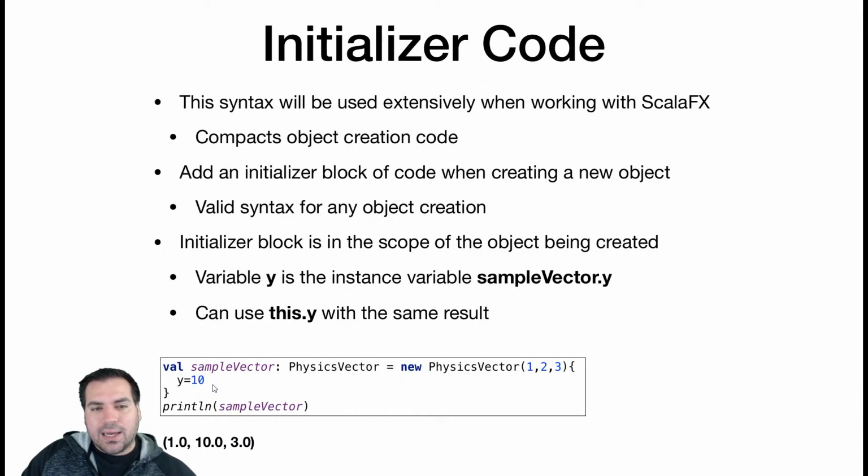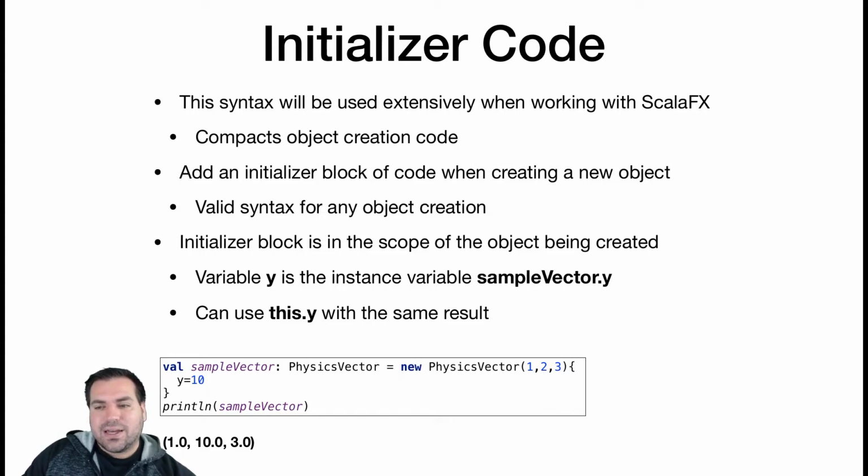And I can run any kind of initialization code that I need. So for example, in this valid syntax, if I create a new physics vector with 1, 2, 3, y being 2, and then I give it an initializer block and I say, never mind, y equals 10, when I get this vector here, I'm going to get 1, 10, 3. So it's any code that's executed. I can add any code to the creation of this object, so I can initialize whatever I want.